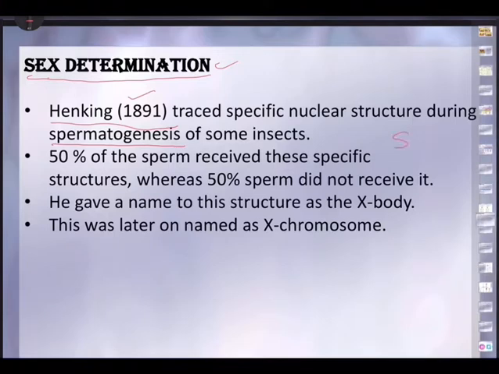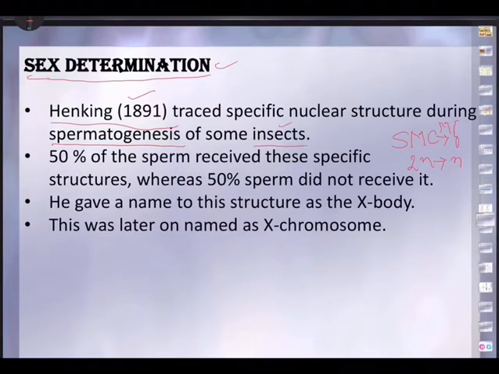From one sperm mother cell, 4 sperms will be formed, and we also know what chromosomes are present in that sperm. The sperm mother cell is diploid, and when this undergoes meiosis and forms sperms, the sperms will have n number, haploid.